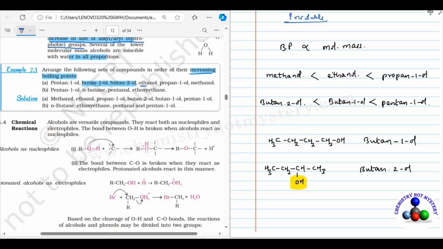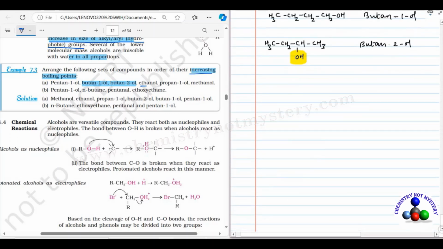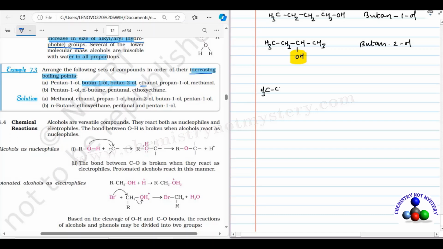Pentane-1-ol, n-butane, pentanal and ethoxyethane. Now let's draw the structure of these molecules. So first is pentane-1-ol. Pentane-1-ol is CH3, CH2, CH2, CH2, CH2, OH, which means there is an OH functional group. N-butane means this is a hydrocarbon: CH3, CH2, CH2, CH3.